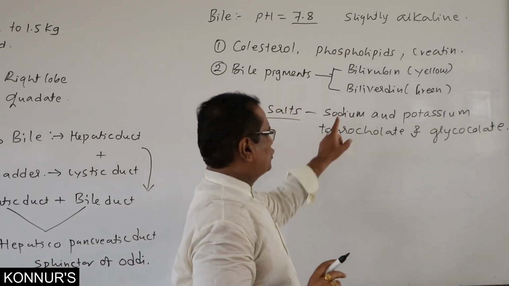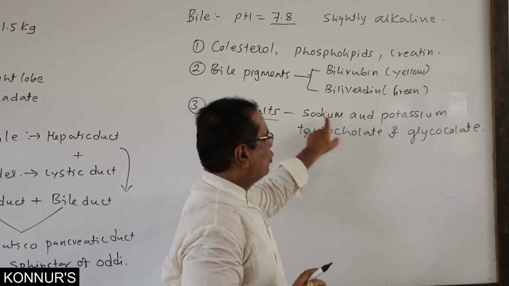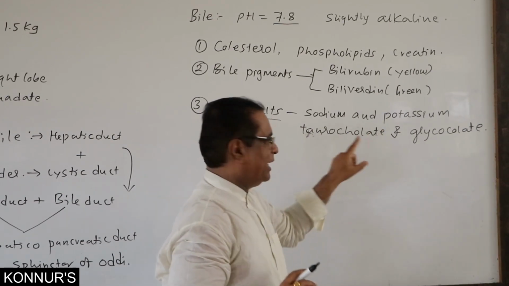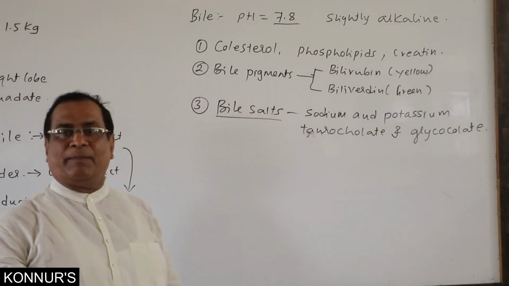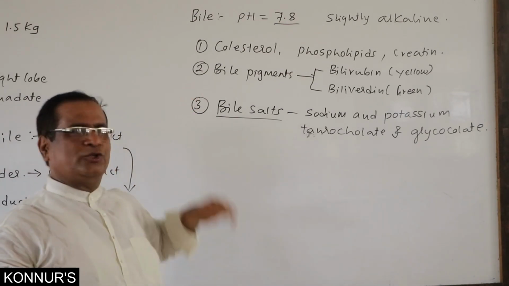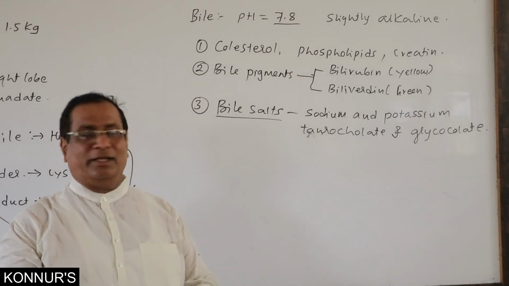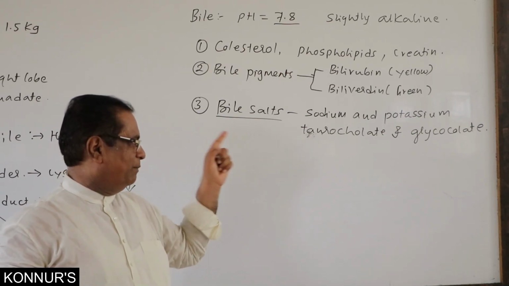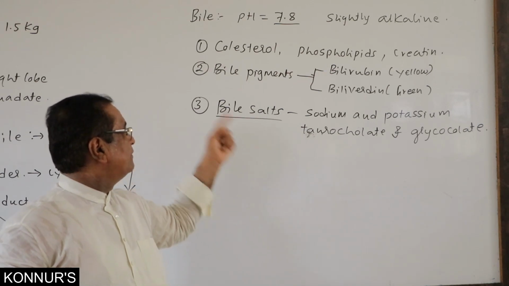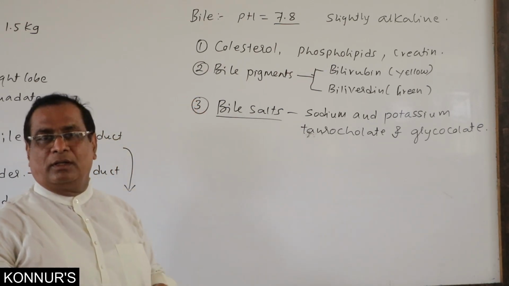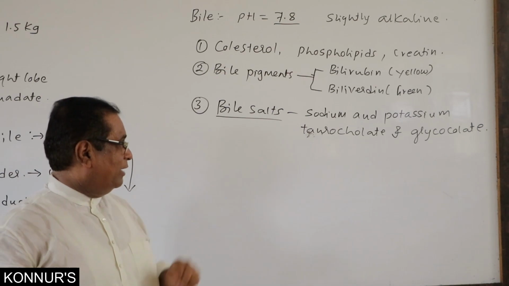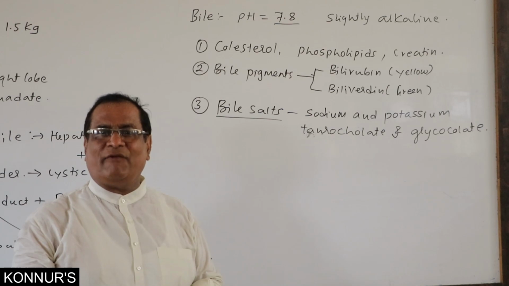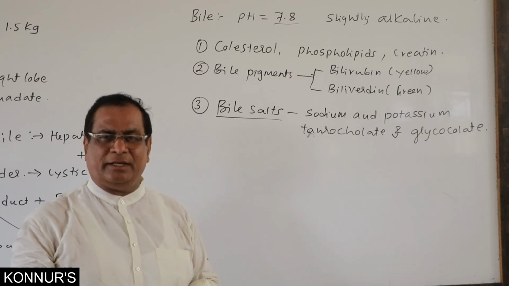Bile salts: sodium taurocholate, sodium glycocholate, potassium taurocholate, potassium glycocholate. These are bile salts, and it is the composition of bile. Remember, no enzyme in it. Bile pigments bilirubin and biliverdin, bile salts, cholesterol and phospholipids are also present in bile, and even creatine, the aging factor, is also there in bile.